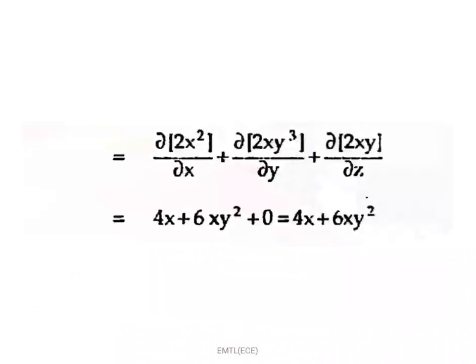Now we have to find dou by dou x of 2x square, that is the coefficient of ax bar, next dou by dou y of 2xy cube, plus dou by dou z of 2xy.